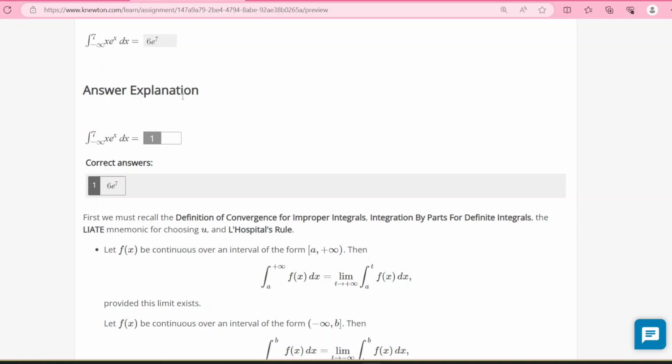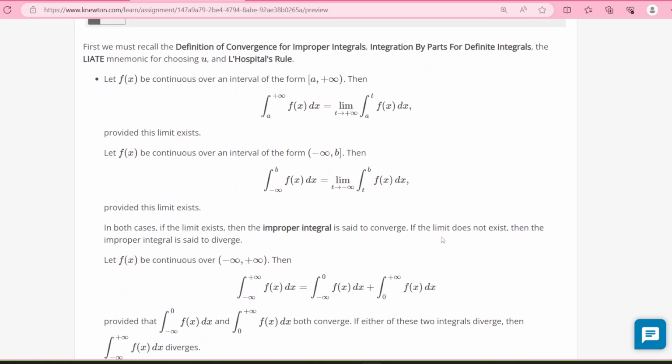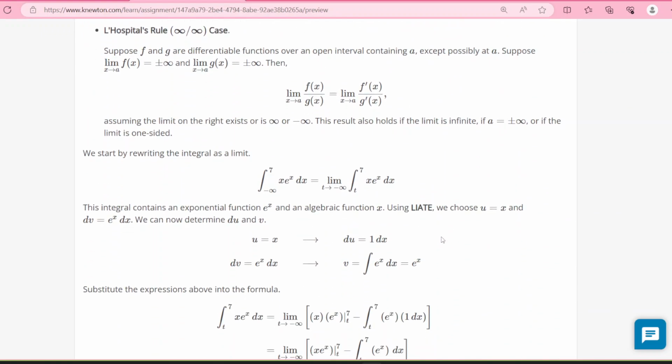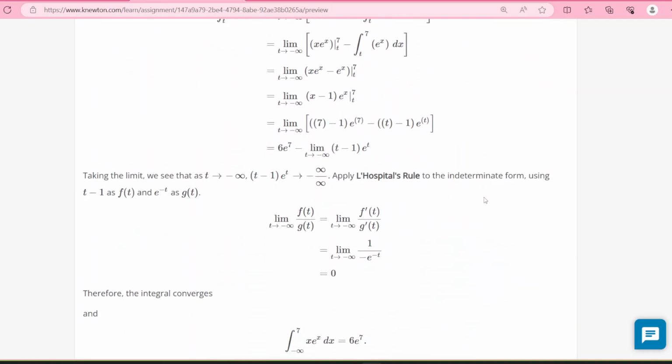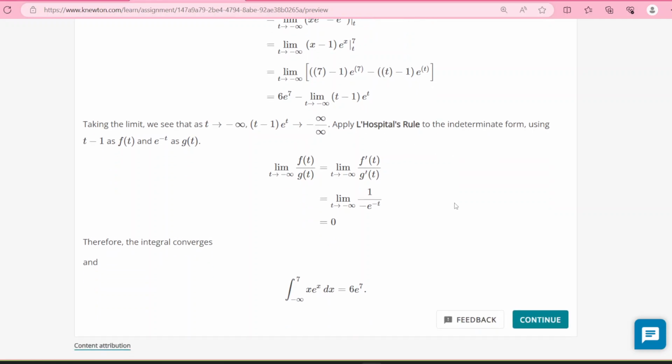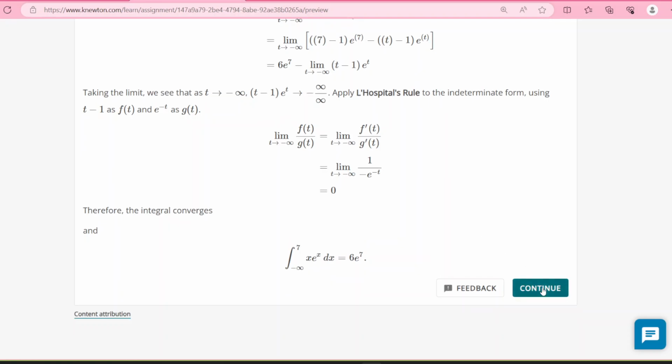Maybe they do something in a way that you like better and could use for future problems. So you see they remind you about L'Hopital's rule here. Like I said, I knew that an exponential times a linear would go to 0. You could rewrite things so that you can apply L'Hopital's rule like they do here. So if you want to read through this, totally fine, but this ends up converging. All right, great.